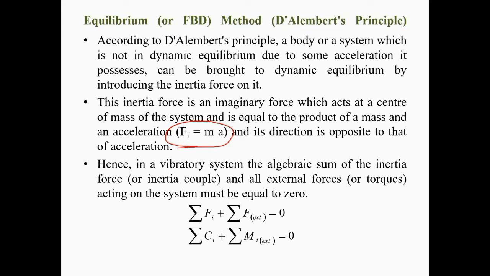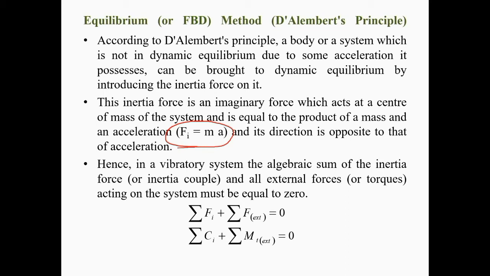In the same way, inertia torque or inertia couple is an imaginary couple which acts about the center of mass of the system, and its magnitude is equal to the product of the mass moment of inertia about the center of mass and the angular acceleration.